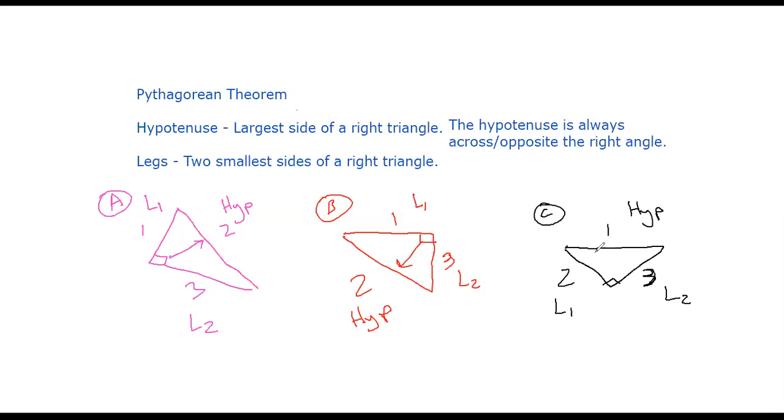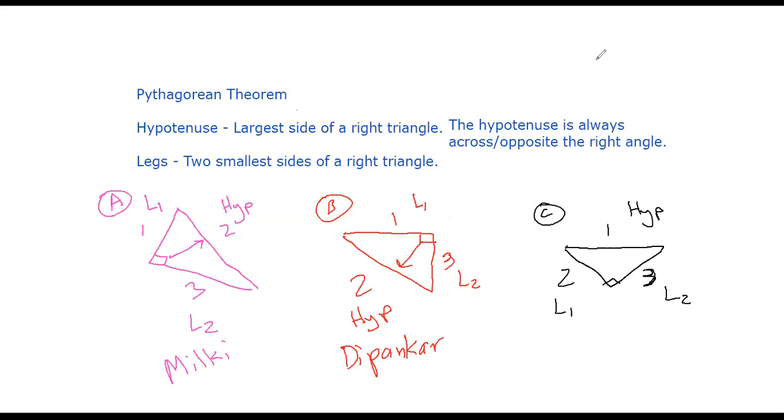Yes, great reasoning. I really liked how you all gave different reasons. Milky said the hypotenuse is across from the right angle. Depankar said he figured out the legs by looking at what's next to the right angle: these two legs are right next to it, therefore they're the legs.